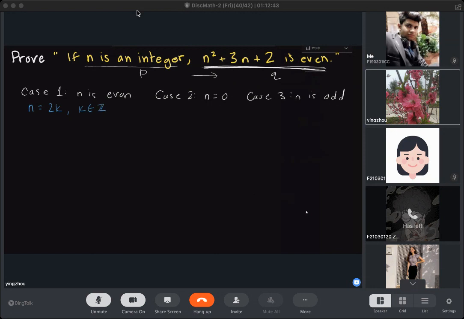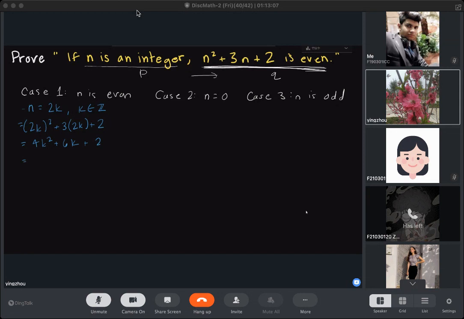So then I'm going to take n squared plus 3n plus 2 and just continue to do the math here. If I square this, I get 4k squared plus 6k plus 2.